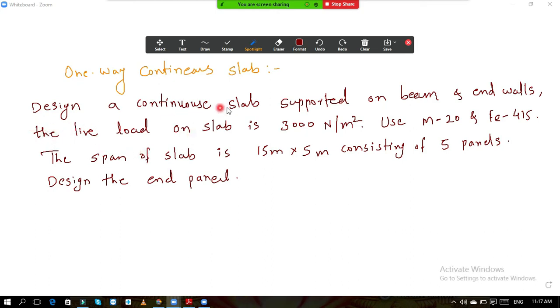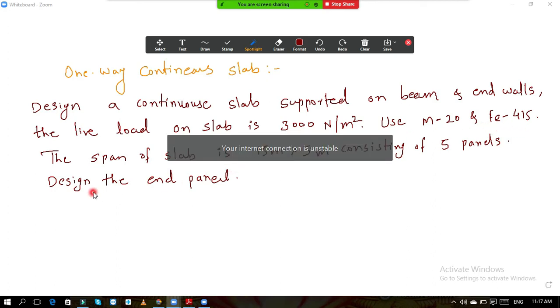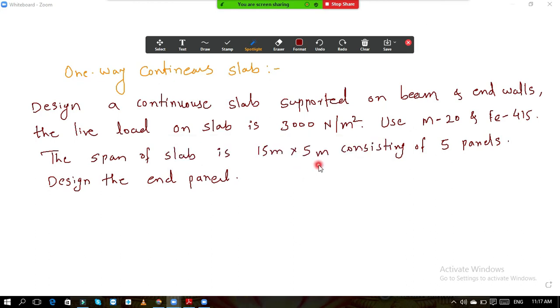Design a continuous slab supported on a beam and end walls, the live load on the slab is 3000 Newton per meter square. Use M20 and Fe415. The span of slab is 15 meter by 5 meter, consisting of 5 panels. Design the end panel.